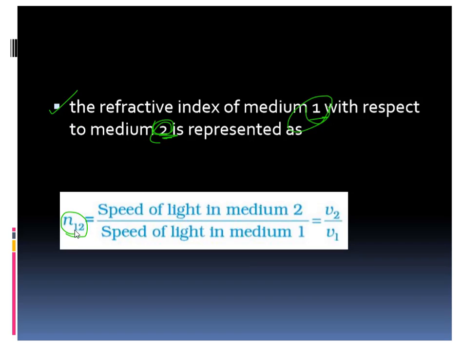Earlier it was 2 with respect to 1, now it is 1 with respect to 2. So the speed of light in medium 2 divided by the speed of light in medium 1. Earlier it was the speed of light in medium 1 divided by the speed of light in medium 2. Now the velocities change. So it is just the reciprocal of each other.